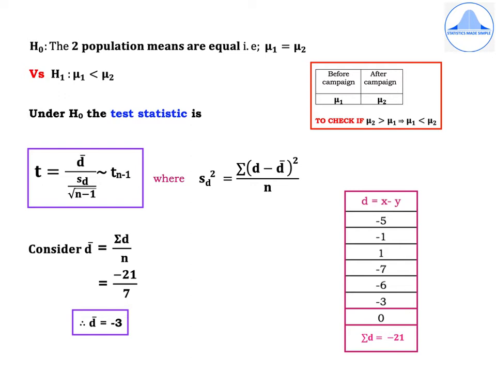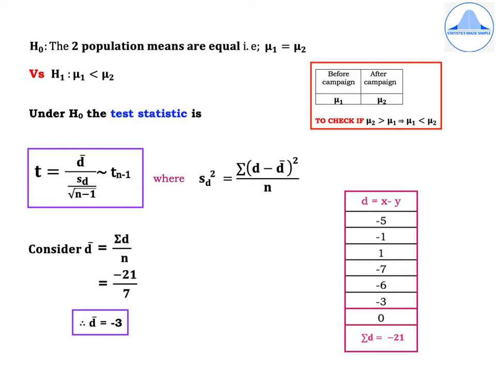Then under H0, the test statistic is T equal to d bar divided by sd by root of n minus 1, which follows t with n minus 1 degrees of freedom, where sd square is equal to summation d minus d bar the whole square divided by n. Let us now consider d bar, which is equal to summation d by n. Now in the table, let us form a column which is d equal to x minus y.